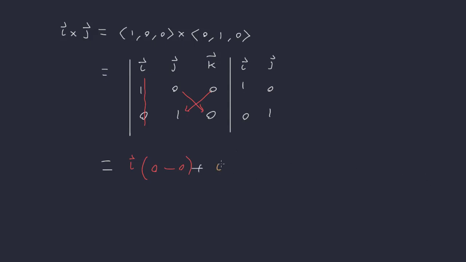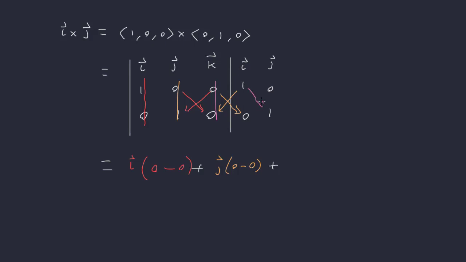So then for j, once again, the main diagonal is 0. The opposite diagonal is 0. And for k, well, that's where we should get the only thing, and we do.